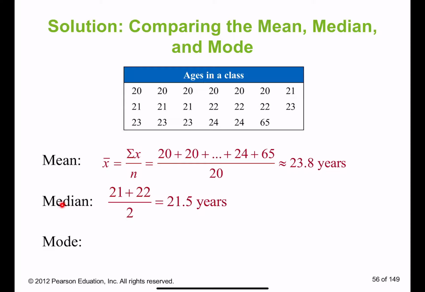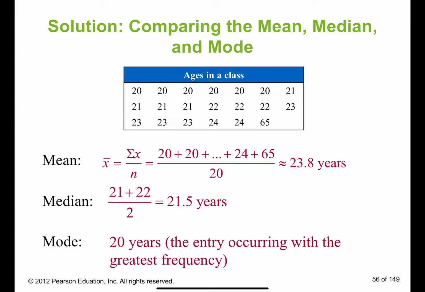Median, if you line up in order, 21 plus 22, those are the middle two numbers, so it shows 21.5, which is just about right, 21.5 years old. And the mode here is showing 20, which is skewed data. So practically the median is the one that will show the true average age of the class. Okay, that's how we analyze and figure out which one will describe the true mean.